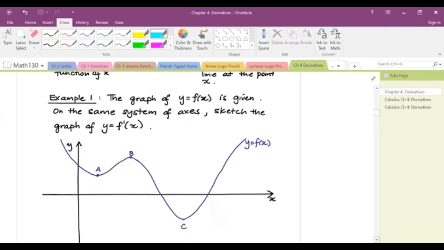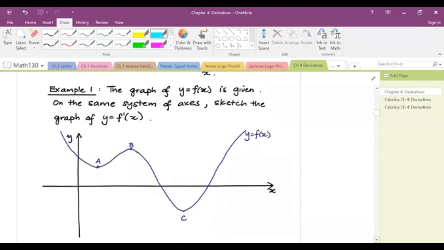So we're coming back to this example here. We want to use the information in the graph that's given of f of x to sketch the derivative function. At the outset, let me say that in order to sketch a unique graph of the derivative, we would need more information.